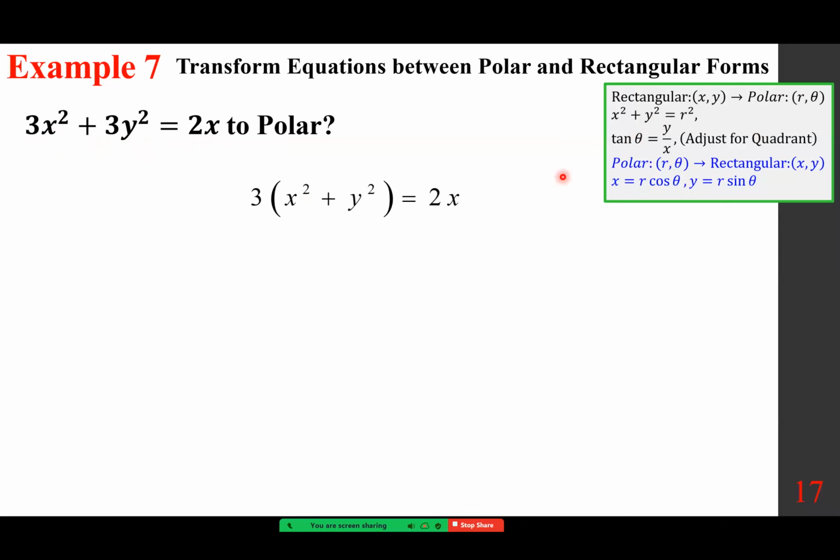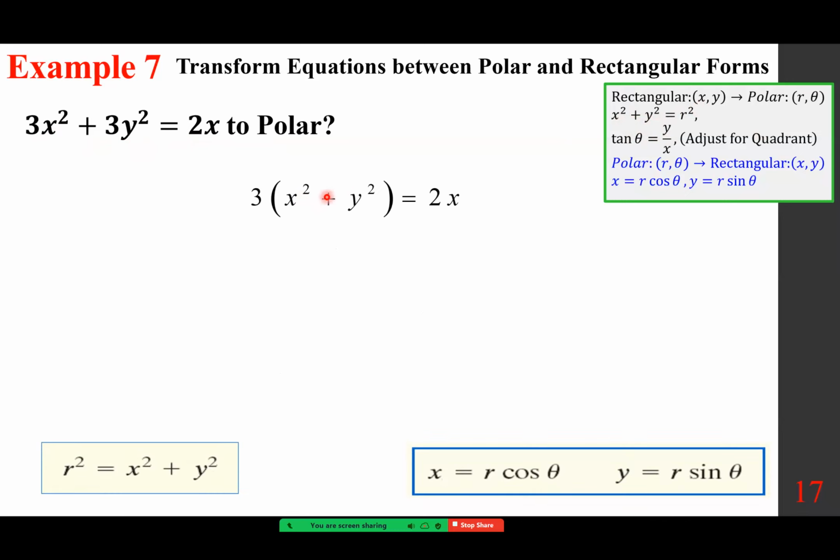Now x squared plus y squared is r squared. So this is replaced by r squared. x is replaced by r cosine theta. So the left side will be 3r squared and the right side will be 2r cosine theta.